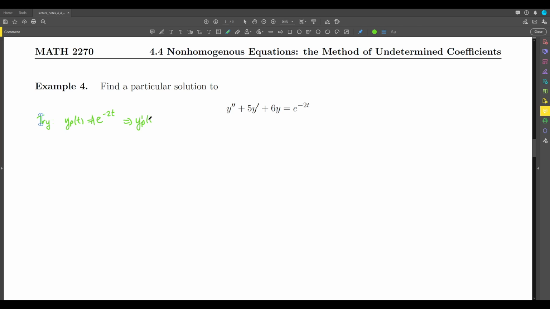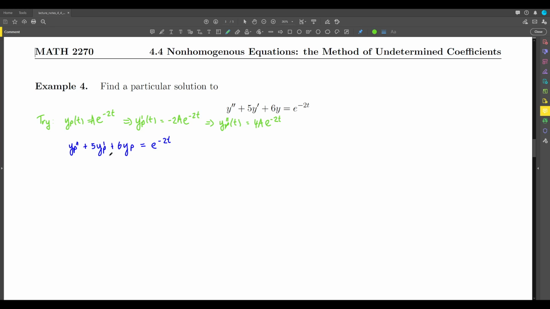Yp prime of t is then negative 2a e to the power negative 2t, and yp double prime of t is equal to 4a e to the power negative 2t. Our differential equation has to satisfy yp double prime plus 5yp prime plus 6yp equals e to the power negative 2t.